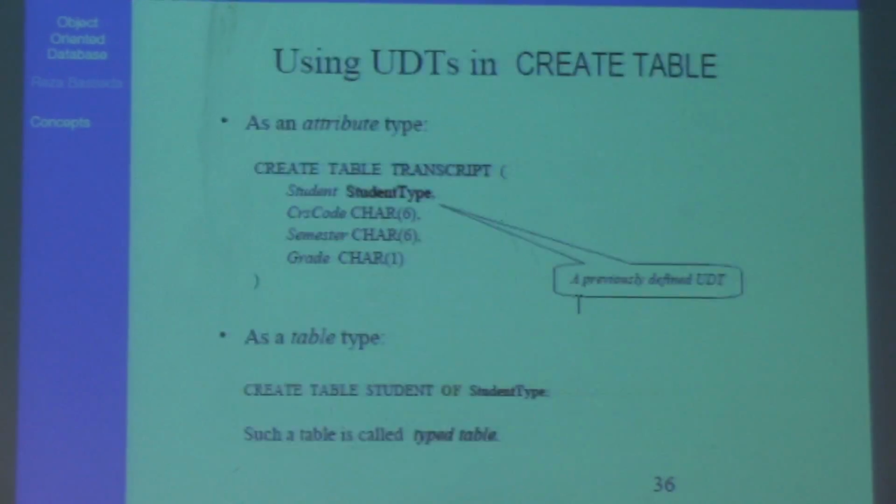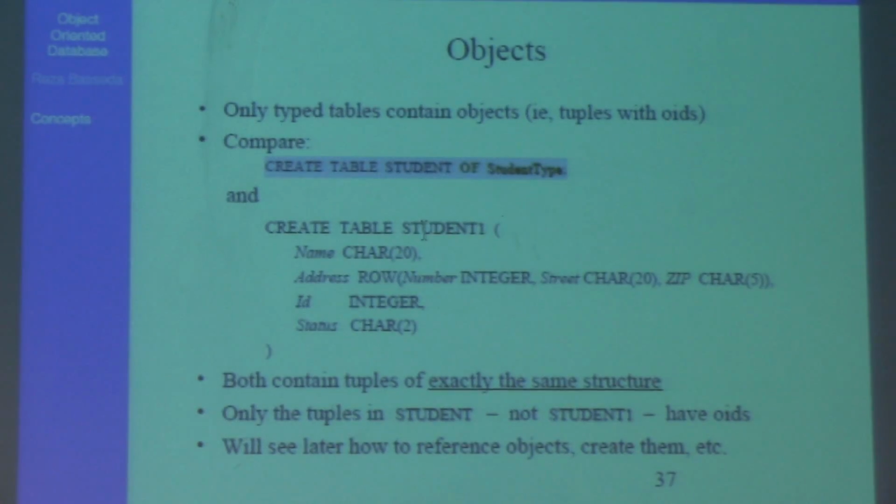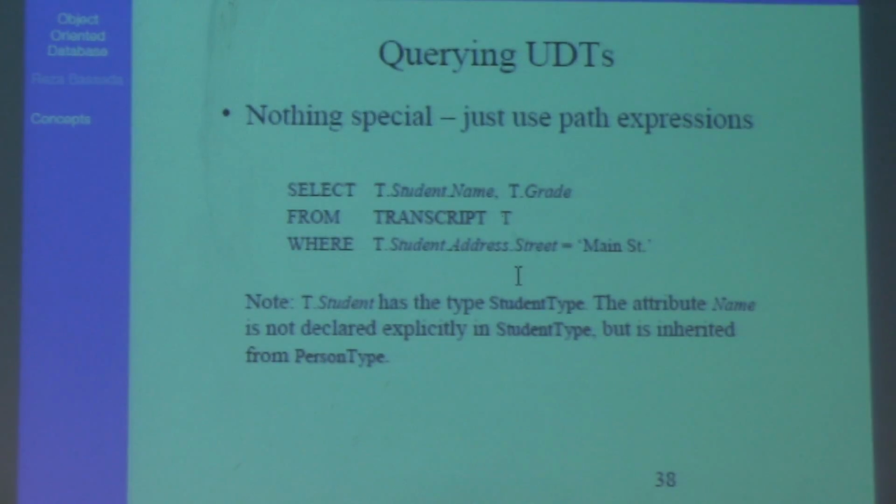I told you that the student type is defined here. You are asked to create a table for students, the objects of students. Yes, this is a simple create table. You want to add one reference to the students because you want to use the reference ID later.